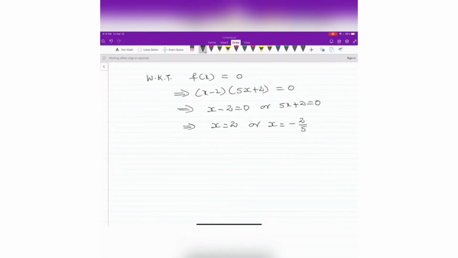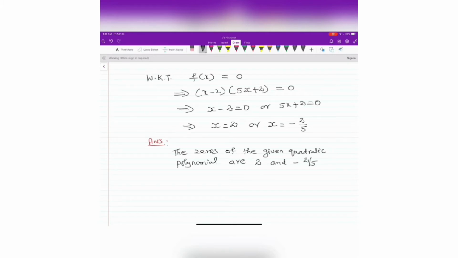So, let us write the answer for the first part as answer: the zeros of the given quadratic polynomial are 2 and minus 2 by 5.